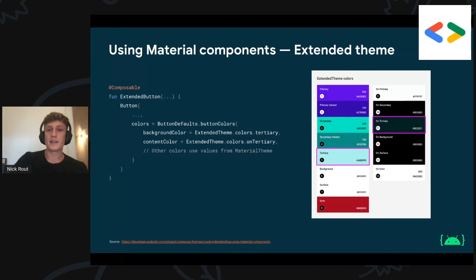We can then introduce additional values here, over and above the standard parameters, that allow us to theme our button with values from our custom extended theme. So in this case, with the button, we override its defaults to use colors from our extended theme as opposed to colors from MaterialTheme. And what this is going to do is mean that we can have a button that uses the tertiary or on-tertiary color for the button and its label or icon in a way that wasn't possible before.